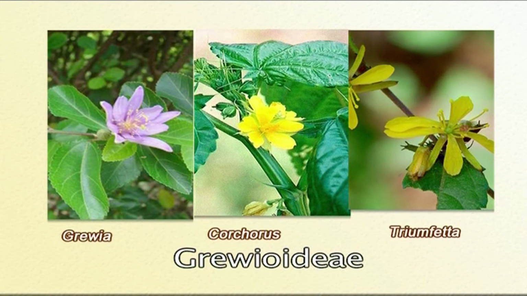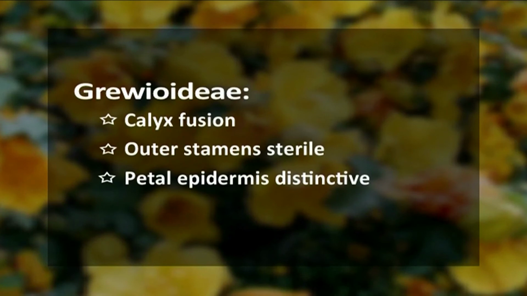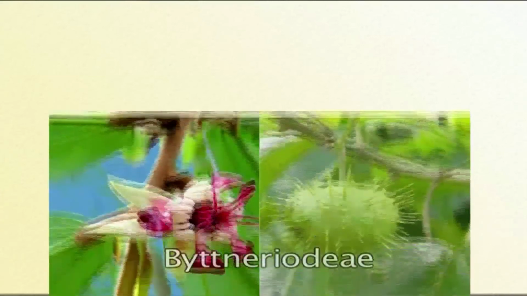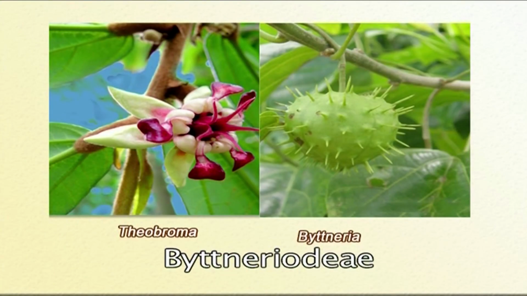The Grewioideae, which is represented by genera like Grewia, Corchorus, Triumfetta, and other relatives, have lost calyx fusion, and the outer stamens are sterile here, and the petal epidermis is very distinctive. Number 2nd subfamily is Byttnerioideae, which is represented by common genera like Theobroma, Byttneria, and their relatives.